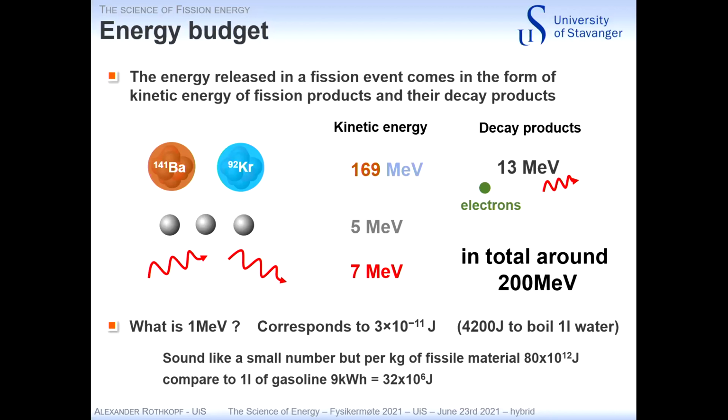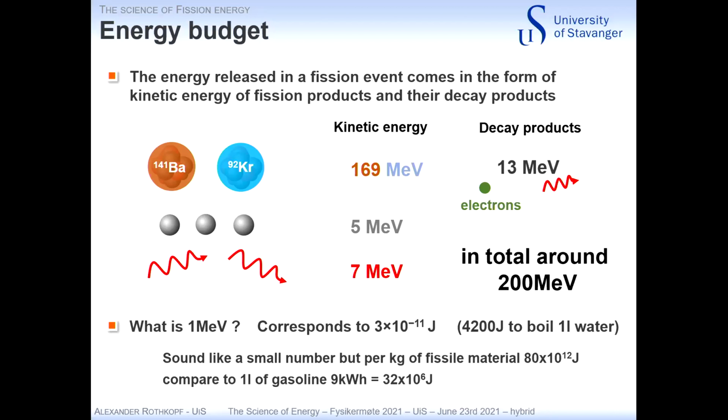But there's a lot of uranium nuclei in 1 kilo of fissile uranium. So if you could really fission all of that, then you would get 10 to the 12 joule. That's now a number with 12 zeros and an 8 glued in front. That's a pretty large number.